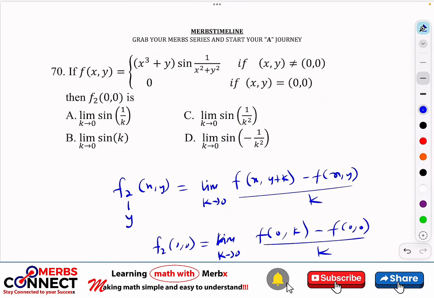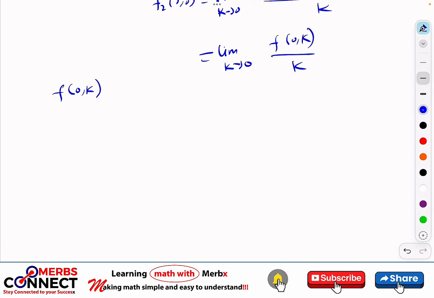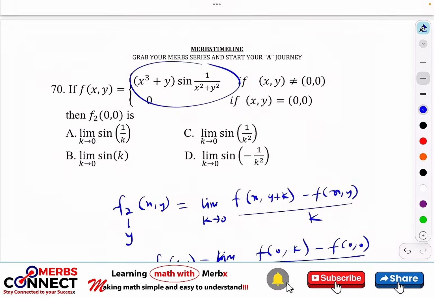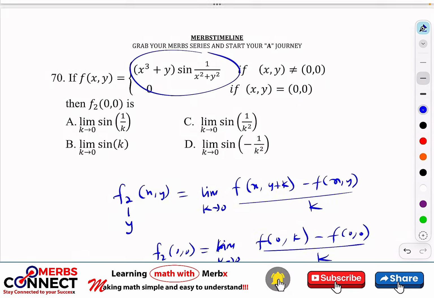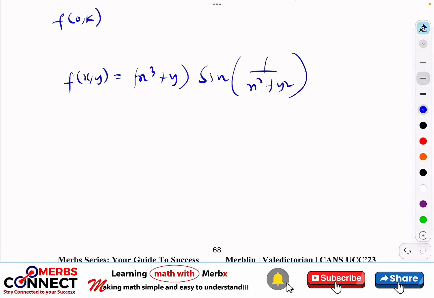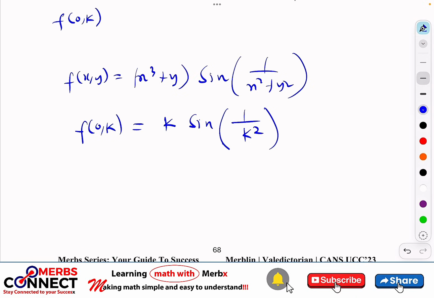Let's plug it inside this function here. So f of x y is equal to x cubed plus y times sine of 1 divided by x squared plus y squared. Is that right? Yes. Plug in 0 and k. This is going to be just k sine of 1 over k squared.